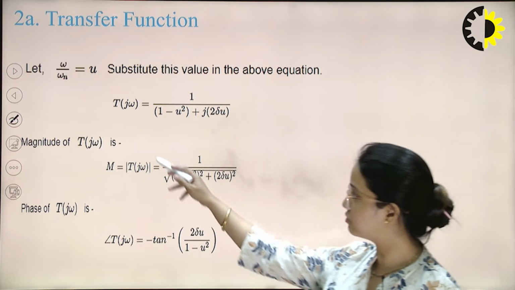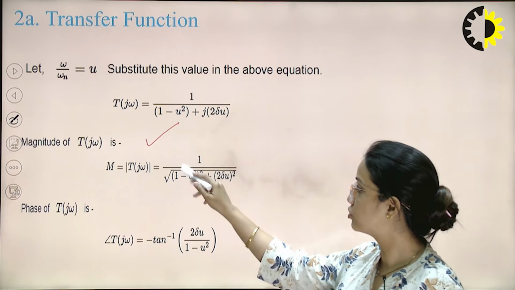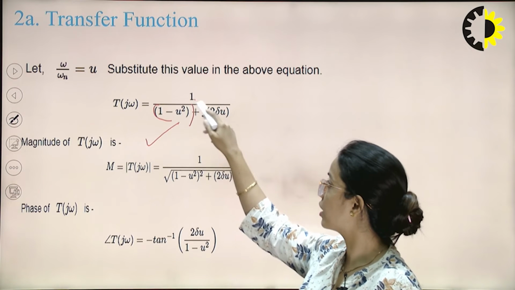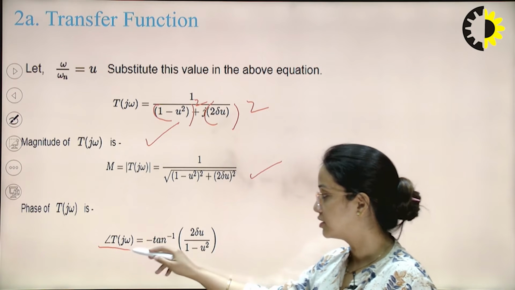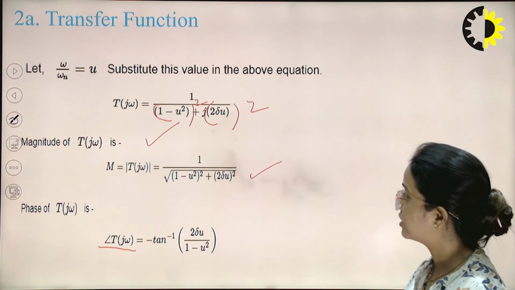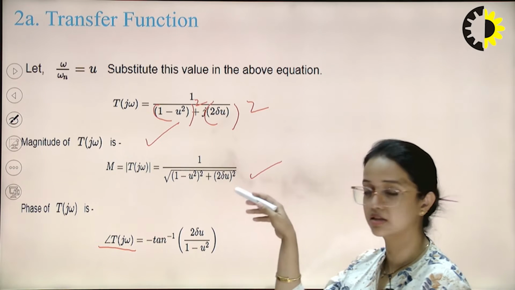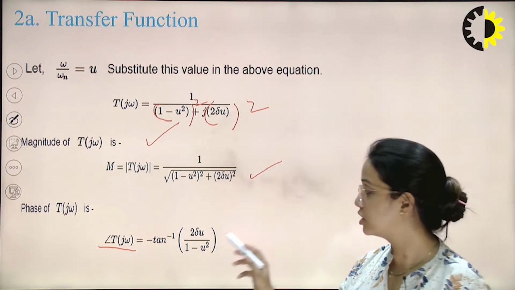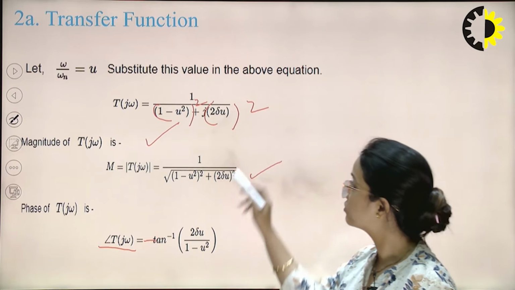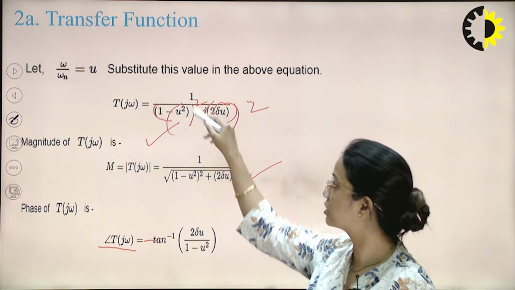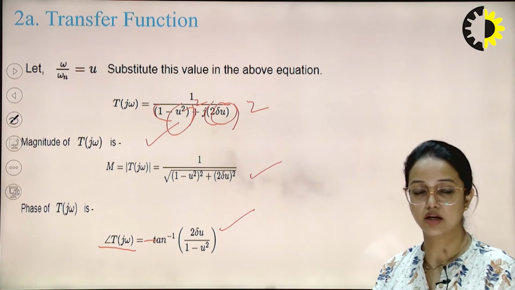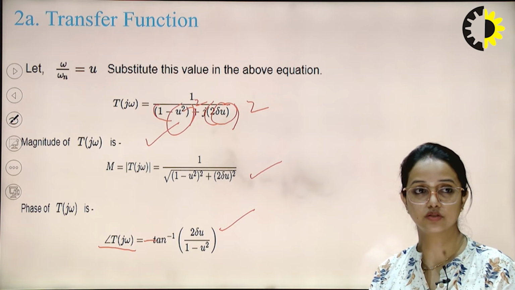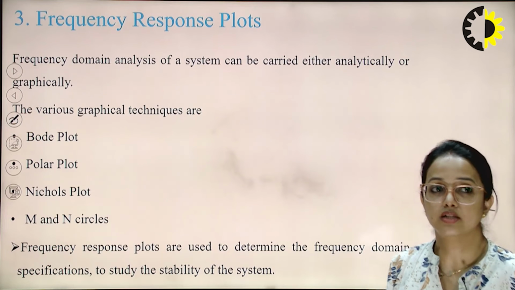So from here we have the magnitude as root over real square plus imaginary square, and then we have phase information as minus, since it is the term coming out of the denominator. So we have minus tan inverse imaginary by real, where imaginary is 2 zeta u and real is 1 minus u square. So this is the study of the transfer function.